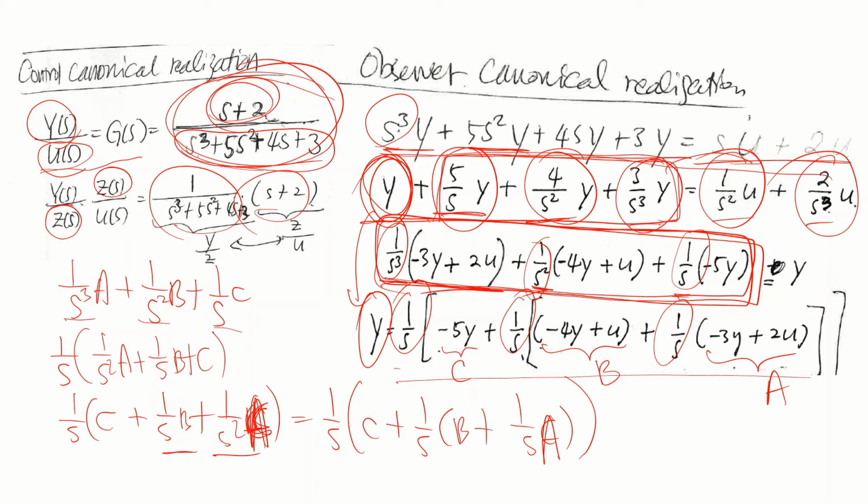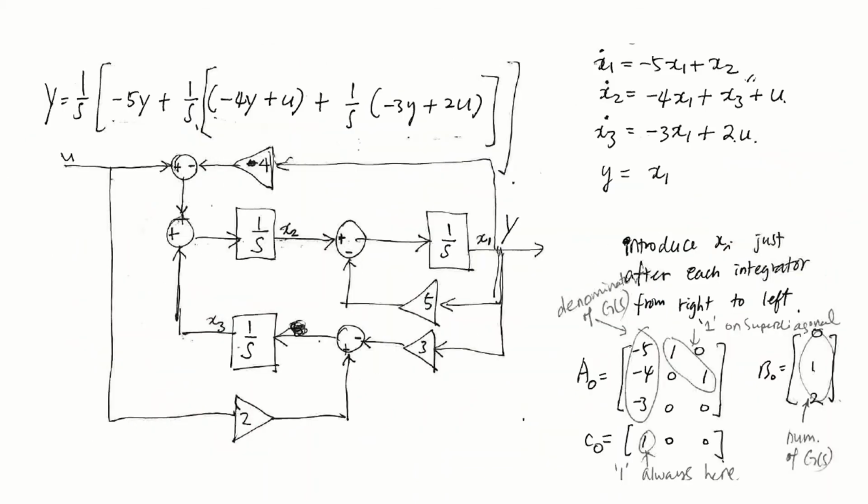So in total, we are going to use 6 integrators for the representations, which is not a minimal representation. We want to use the minimum number of integrators for the representations.